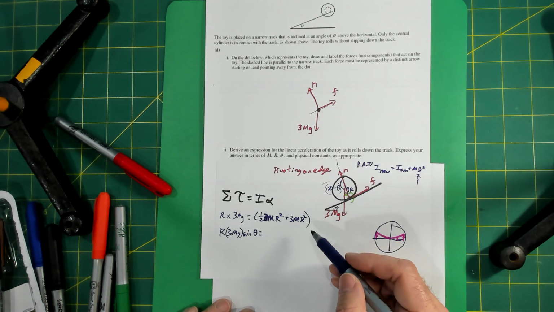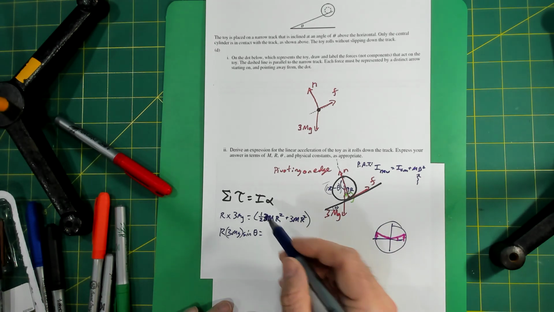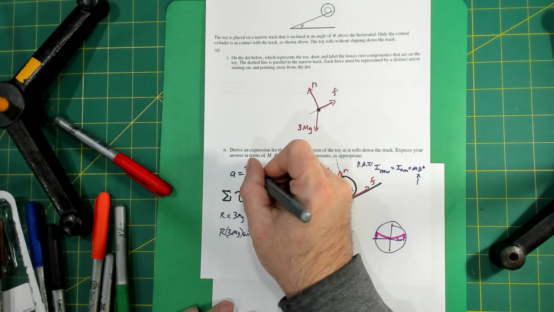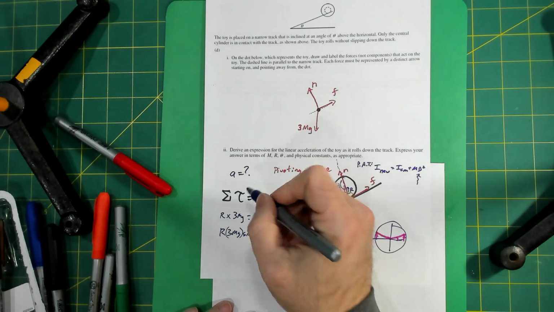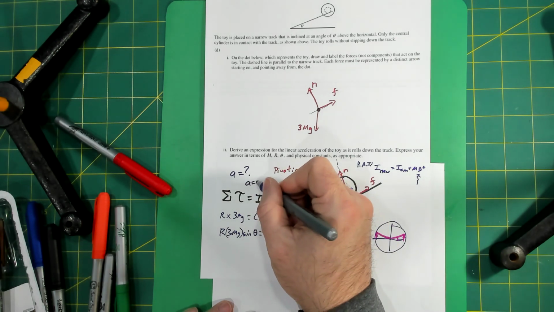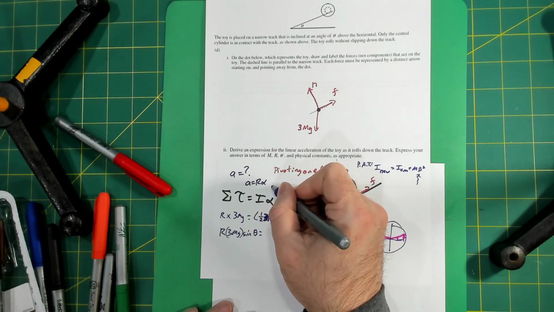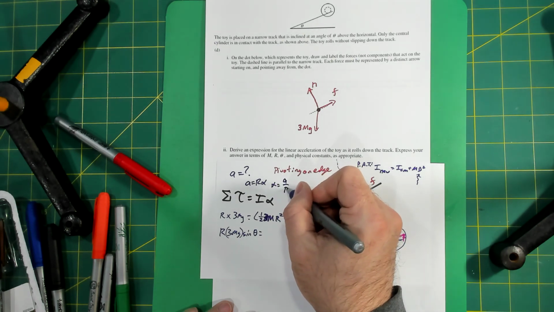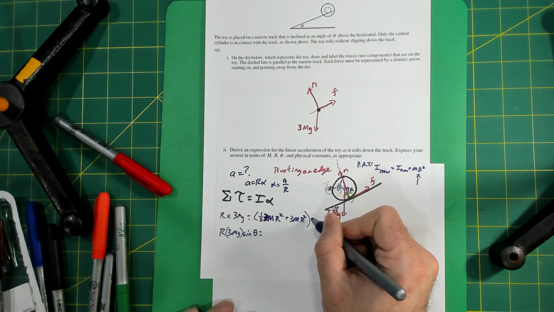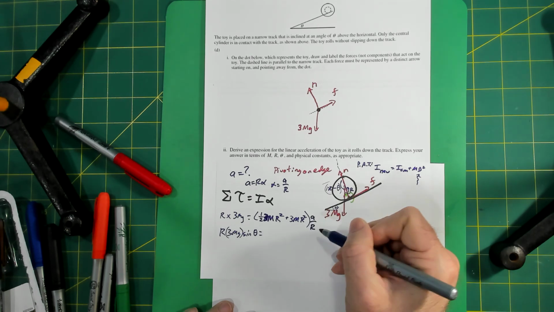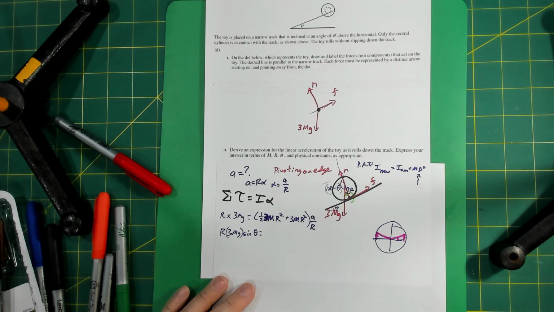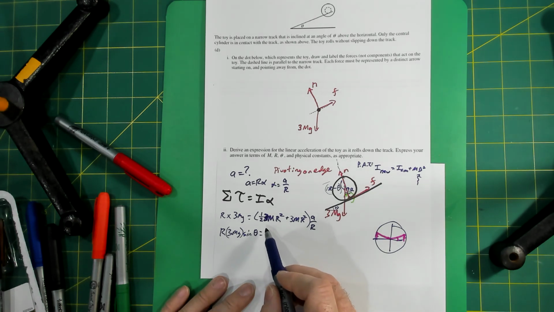And then alpha, you're saying we're not trying to find alpha, we're trying to find A. But because of the no slip condition, we know that A is R alpha. And so where it says alpha, I can plug in A over R. So when I do this now, what have we got?